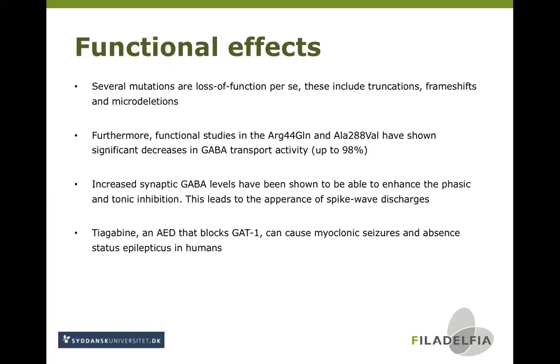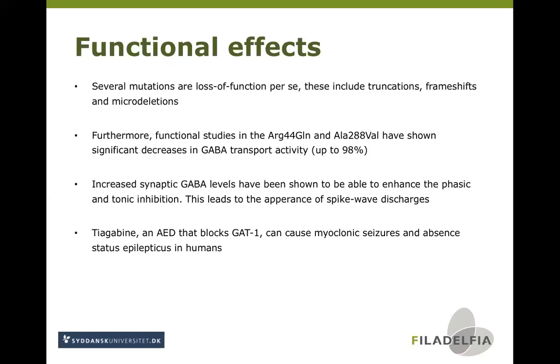And what happens is that when there's this loss of function, then there's an increased synaptic GABA level, and this has been shown to enhance the inhibition and then lead on to the appearance of spike wave discharges, which is thought to be the mechanism behind why these mutations can cause epilepsy.